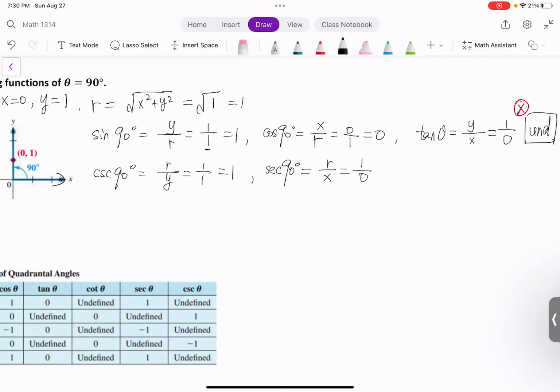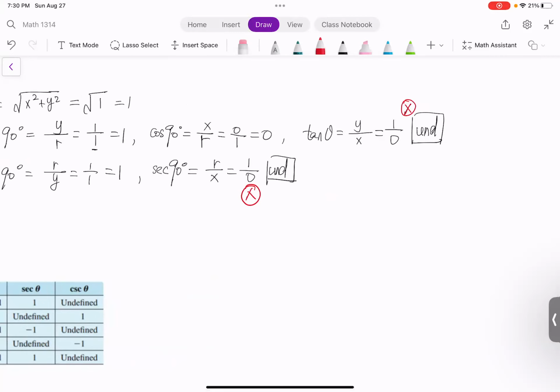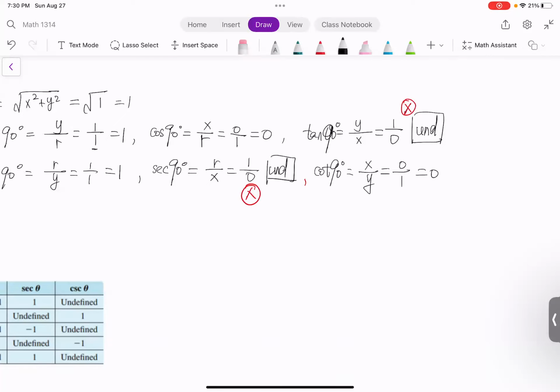So this is undefined again. Let's mark it undefined because the bottom cannot be 0. How about cotangent? Cotangent 90. I got a typo here. It should be 90 degrees. So x over y, x is 0, y is 1. So this is 0.